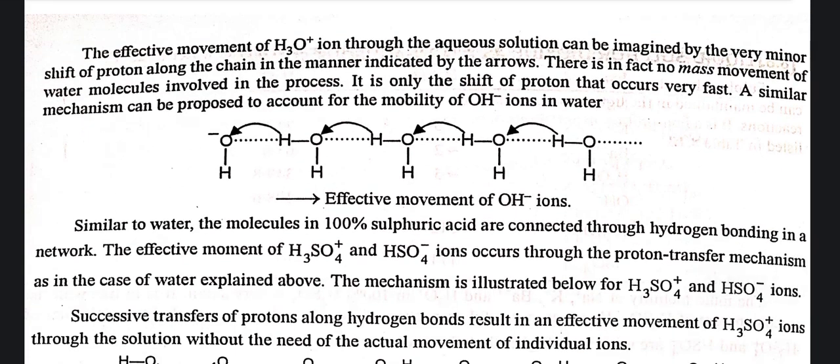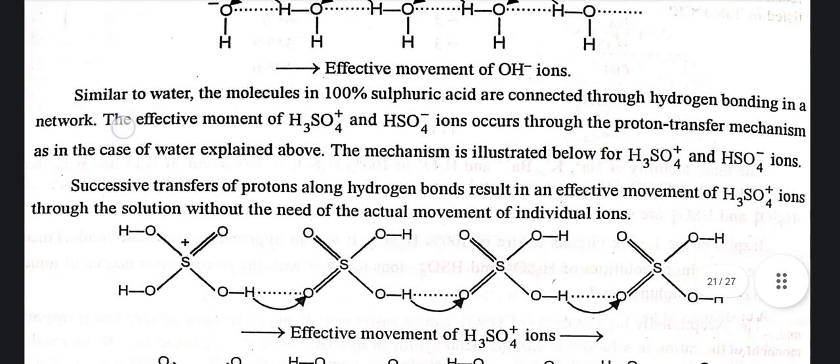Similarly to water, the molecules in 100% sulfuric acid are connected through hydrogen bonding in a network. The effective movement of H3SO4+ and HSO4- ions occurs through the proton transfer mechanism. As in the case of water, the mechanism is illustrated below for H3SO4+ and HSO4- ions.